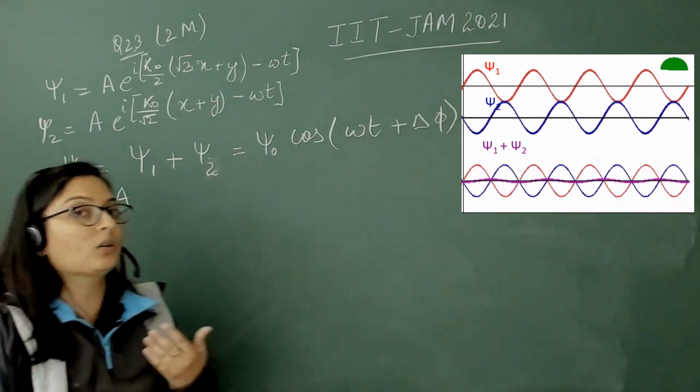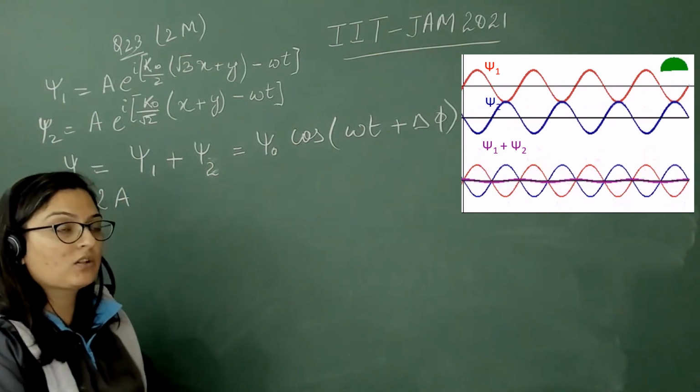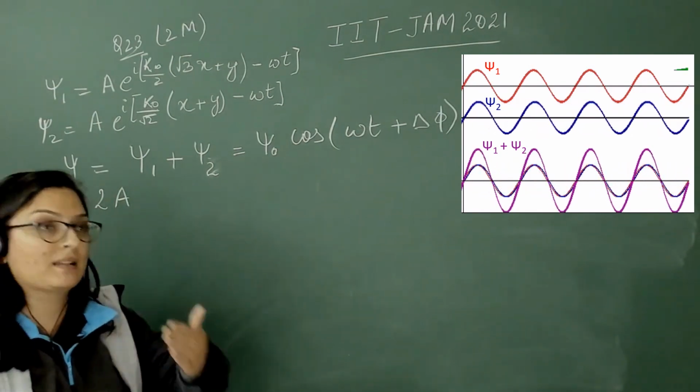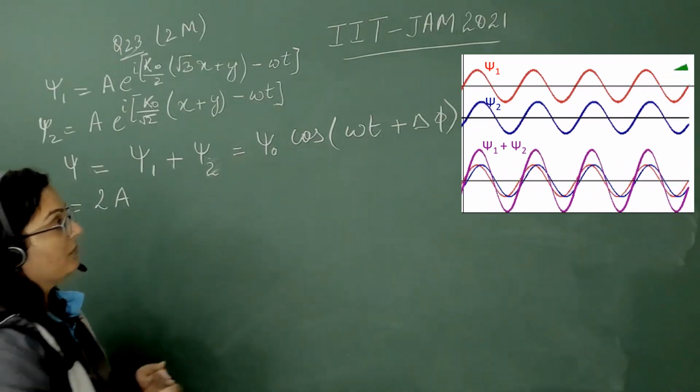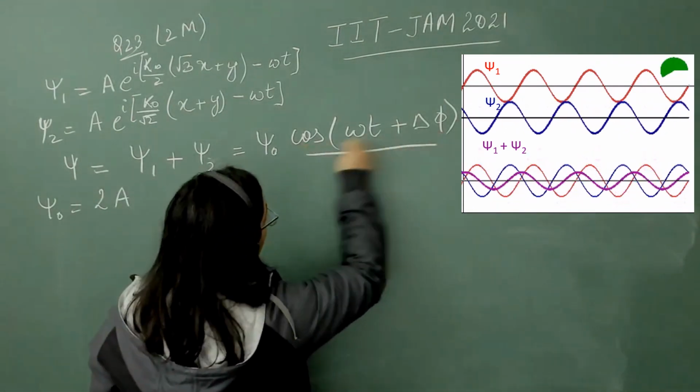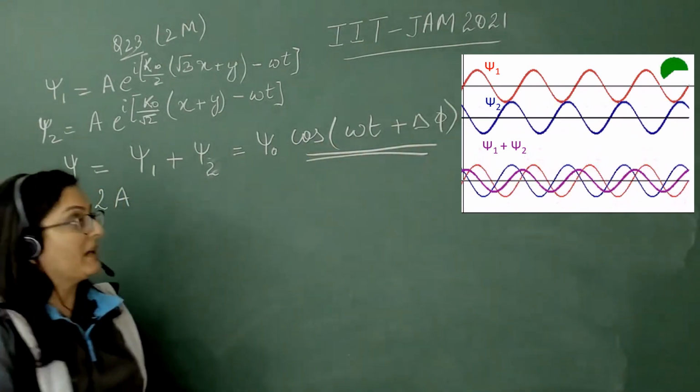Now we are talking about constructive interference. For constructive interference to happen, there has to be a maxima in the resultant wave, which will come when this term, cos of omega t plus delta phi, is maximum.